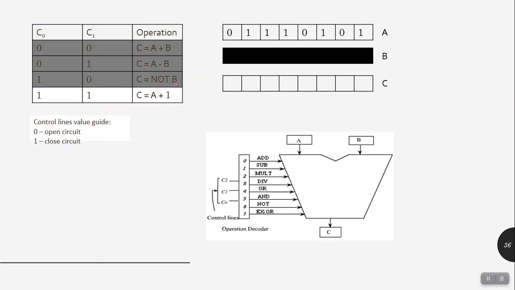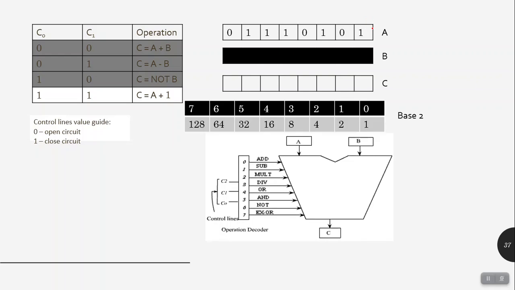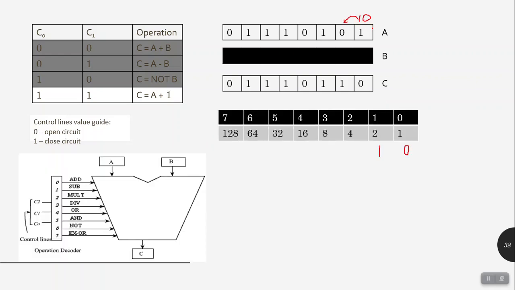And then the next one is, since we will just add 1 to A, this is the value of input register A plus 1. So the result would be something like this. 1 plus 1 is 2, and we all know that 2 can be represented by 10.